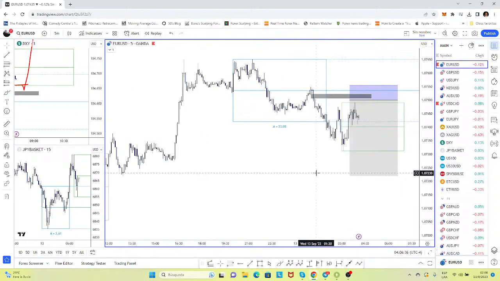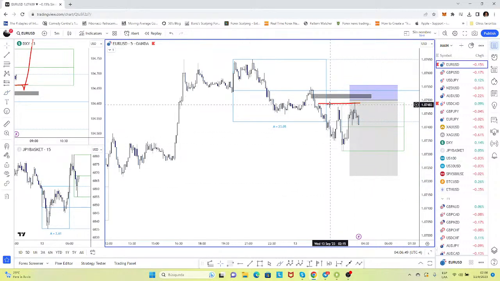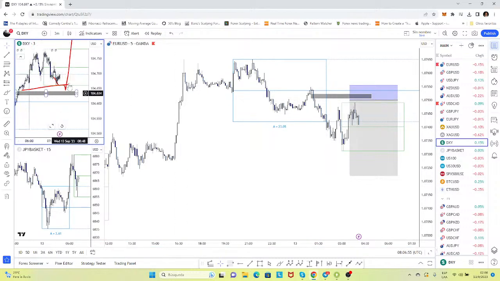This is a US dollar play. I'm waiting for the liquidation of these highs, price to fill me in on that imbalance and a continuation on the move to the downside, which is exactly a bullish position on the US dollar. So that's what I'm looking at today.